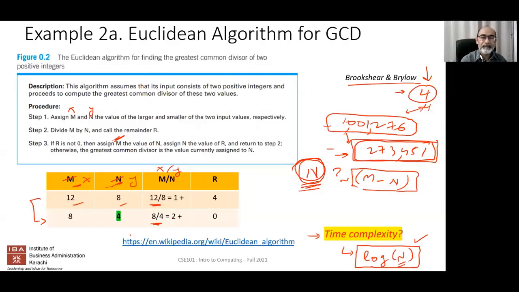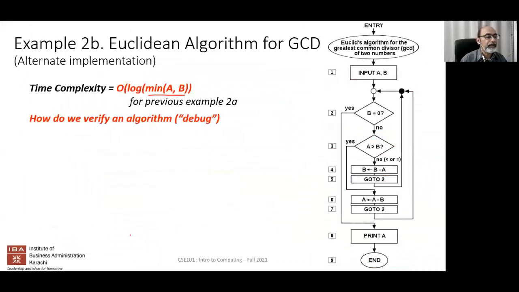Perhaps at the end of this course, if you spend enough time on this, you'll be able to figure out why it's log, or you could even look at online solutions as to why this is the log of the minimum of the two. But I've just thrown this answer at you just to give you an idea.